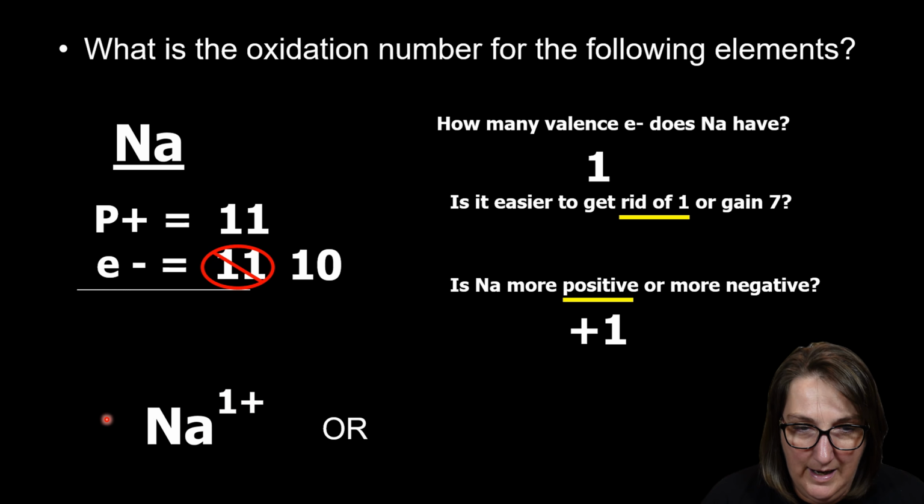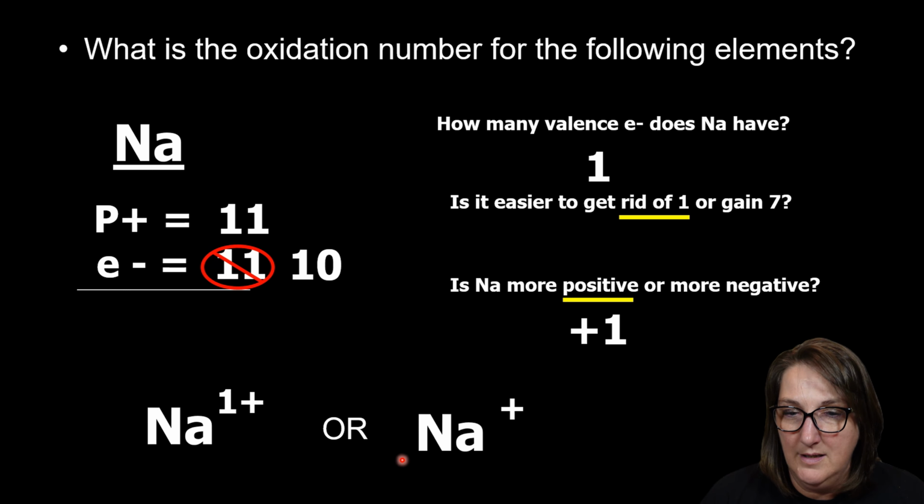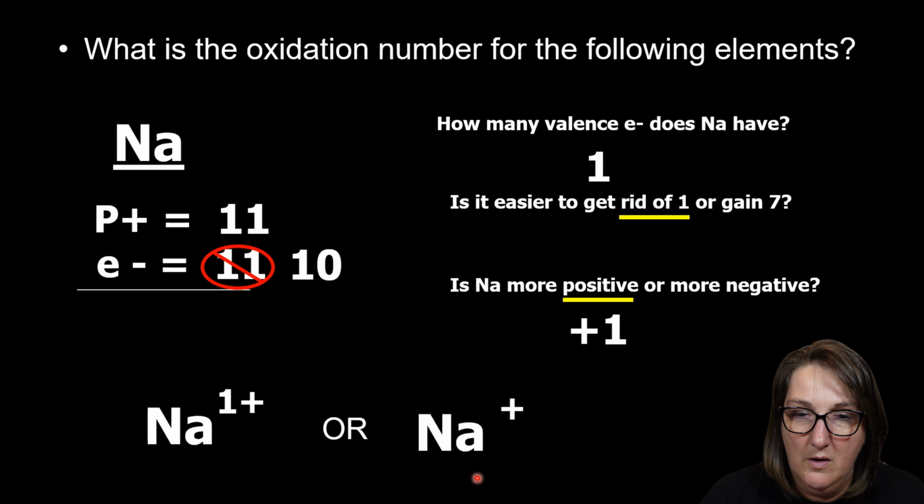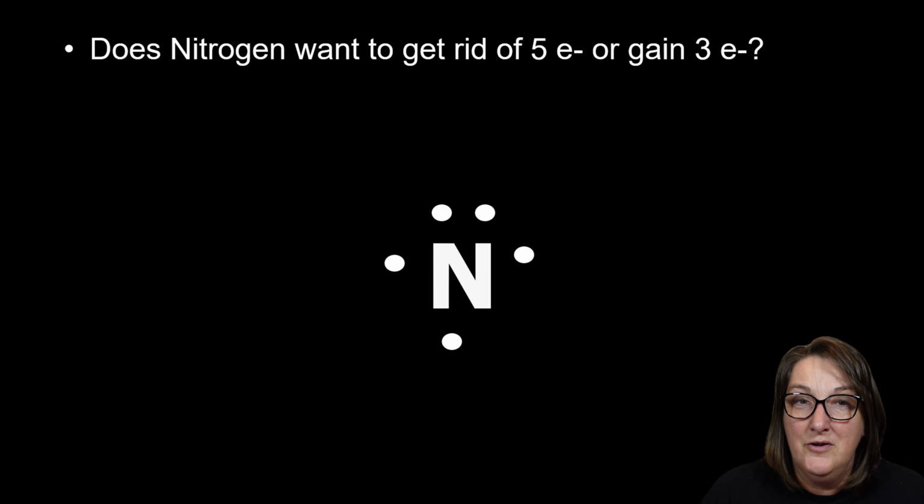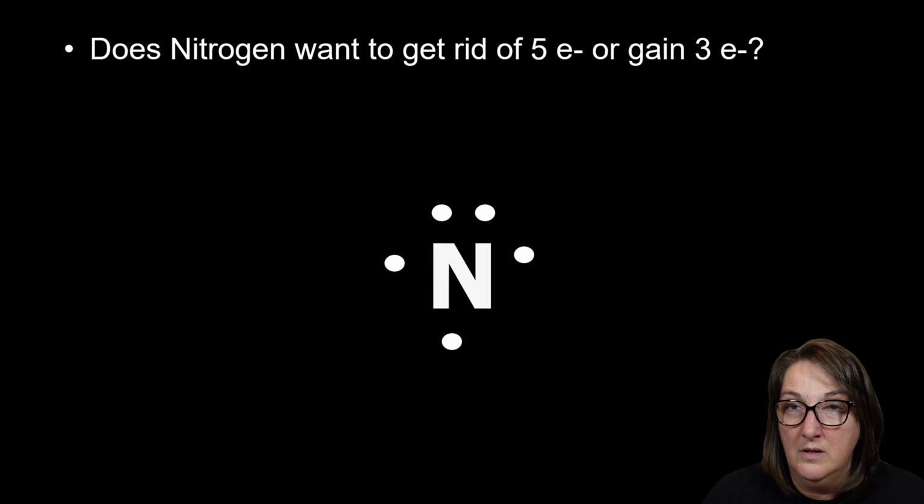Starting out, you can write it like this, but you're going to see it most like this. If I don't have a number in front of it, it's inferred to be a 1. So Na plus is what I would see, and that's how you would normally write it. Starting out, if you need to do this to help you remember that, that's fine.